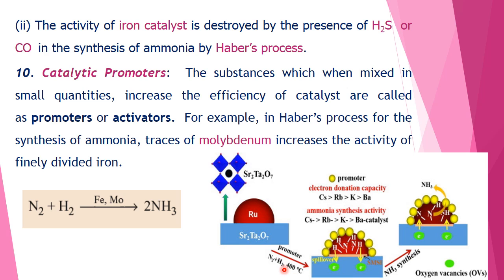The ammonia synthesis activity increases in this order, with cesium, rubidium, potassium and barium as promoters. So this is the phenomenon here, how it is expressed. Promoters actually increase the active sites and speed up the reaction further. It increases the efficiency of the catalyst.